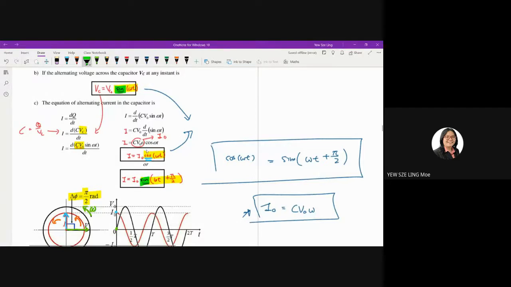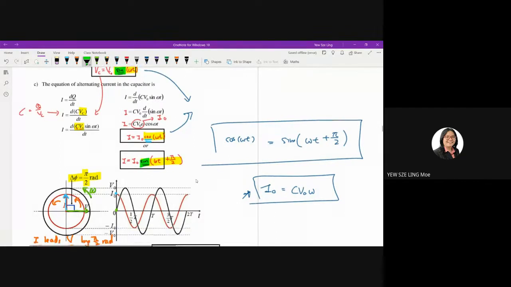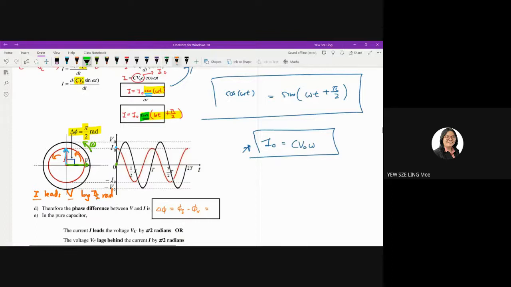Don't use the cos one. So don't use omega t minus omega t. What you should use in the calculation for I is omega t plus pi over 2, minus omega t.